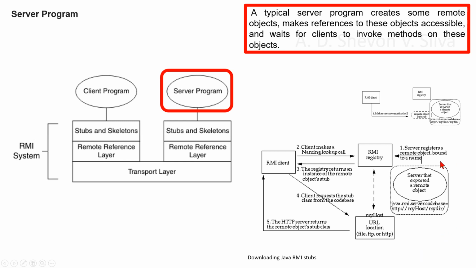Here is step 1. The remote object's code base is specified by the remote object server by setting the java.rmi.server.codebase property.